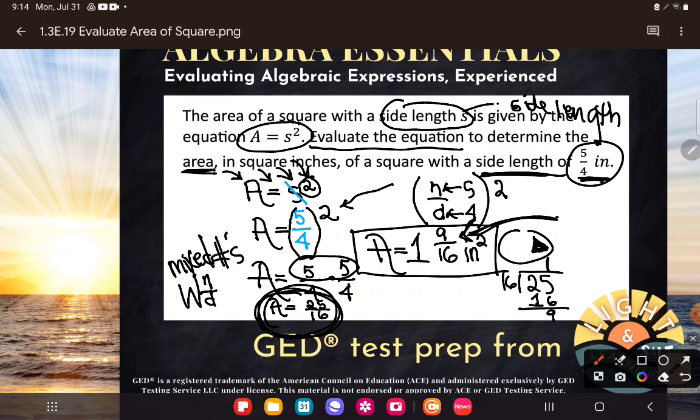And then you might say, well, what about doing it in decimal form? What if it asks for decimal form? Well, again, if you remember that a fraction means the same as divide, it's really easy to do 25 divided by 16 in your calculator.